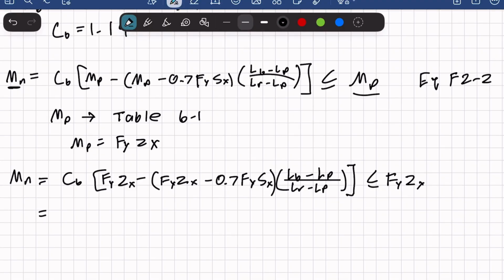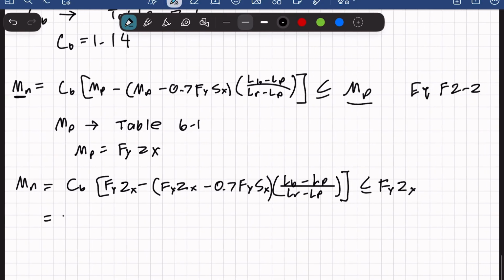But let's keep good track of our units while we're doing this, because Cb is unitless, but Fy Zx is going to give us something in kip-inches. So we're going to convert that, because this here is in feet, right? And we don't want to get all of this confused. So we will go through and divide stuff by 12 as we go.